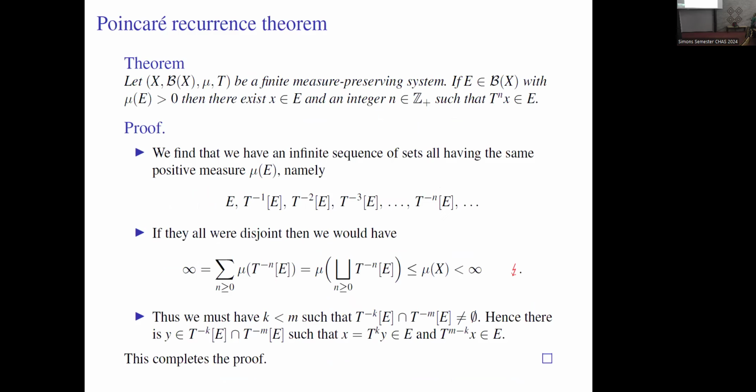Okay, and now let me present the proof of the Poincaré recurrence theorem.